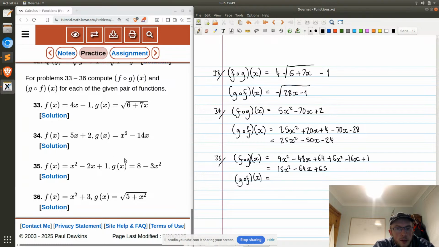And now g of f of x. So we pick up f and put it into g. So we have to square that quadratic right there.